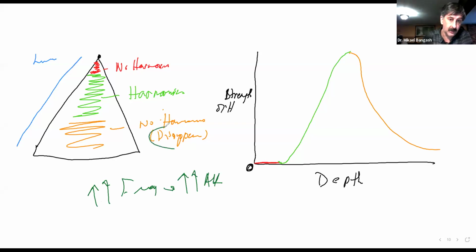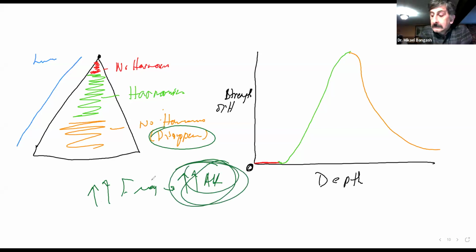So the reason your harmonics may start to disappear at greater depths is that they get attenuated. Well, guys, this is your explanation of harmonics, or tissue harmonics, as they develop during transmission.